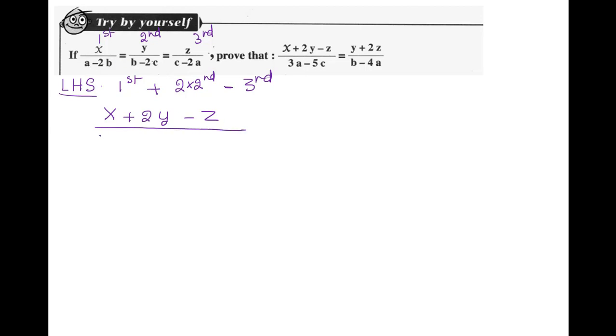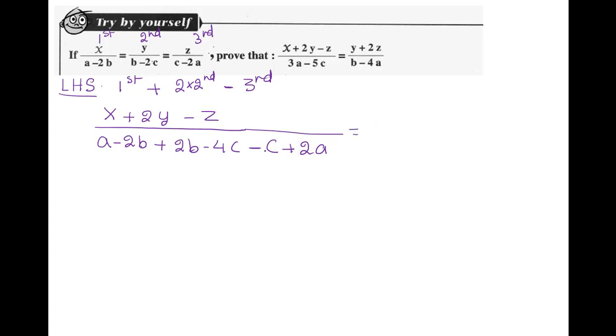So it will give me x plus 2y minus z over a minus 2b plus, don't forget that we're multiplying this term by 2, plus 2b minus 4c, and then we're going to subtract from it the third term, minus c plus 2a, because minus times minus is plus. Then we'll see what's going to happen.